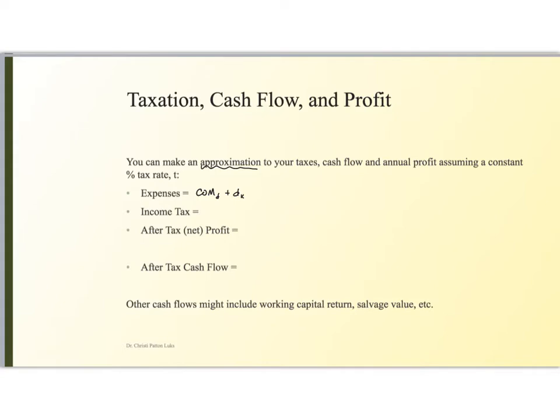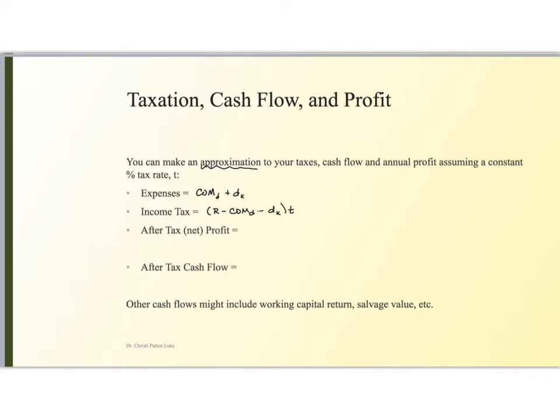The income tax can be approximated as the revenue minus the cost of manufacturing without depreciation minus the depreciation all times the tax rate, okay? So you're taxed on the revenue, but you get to deduct the manufacturing costs and depreciation each year. So this reduces your tax liability.